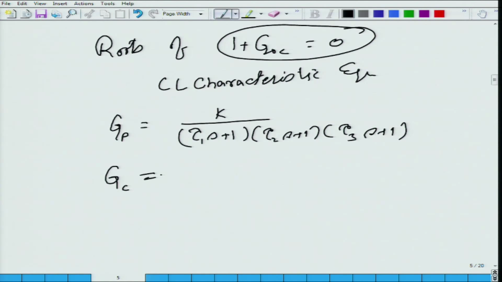So, the controller transfer function is going to be k_c times (1 plus 1 by tau_I s), so k_c into (integral time constant s plus 1) divided by tau_I s. This is a PI controller transfer function. How do we get it? Refer to a textbook. Okay.